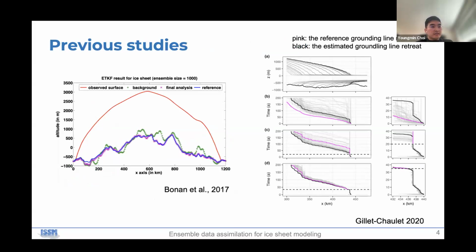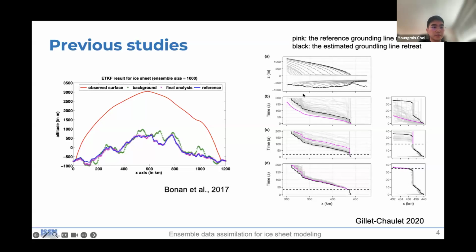Some previous studies for ice sheet modeling show promising results for estimating the states and basal conditions of the ice sheet using an ensemble Kalman filter. On the left figure, they show that the ensemble Kalman filter approach could reproduce the true bed topography, which is in blue here, from the random initial bed, which is in green here.